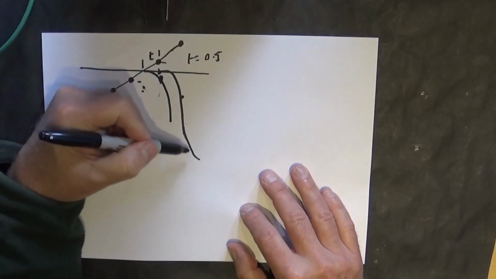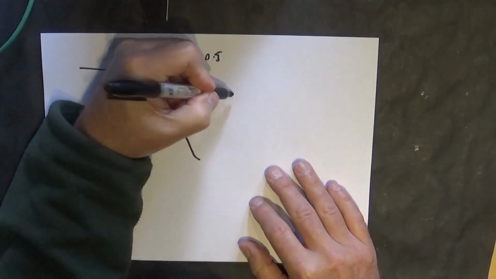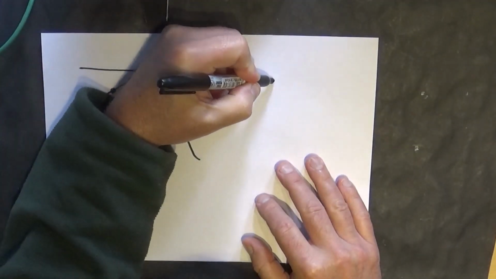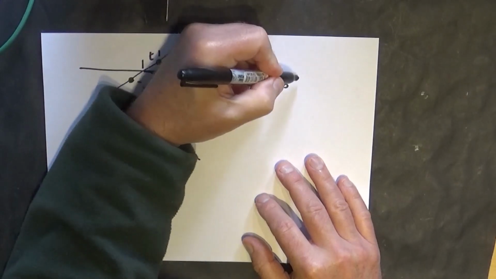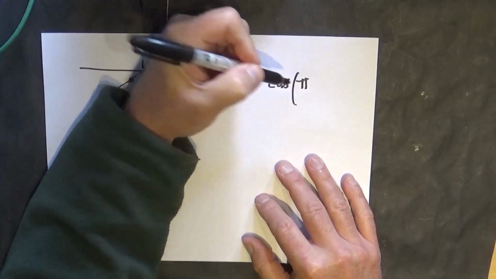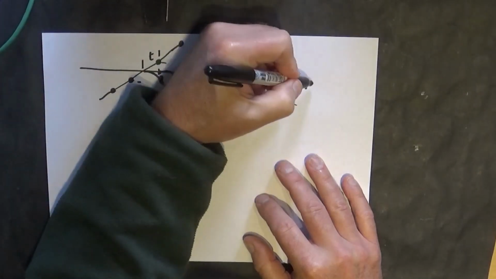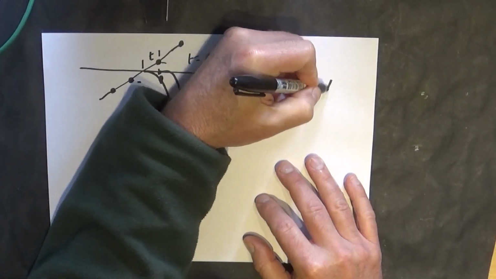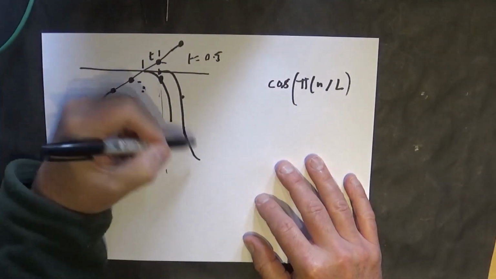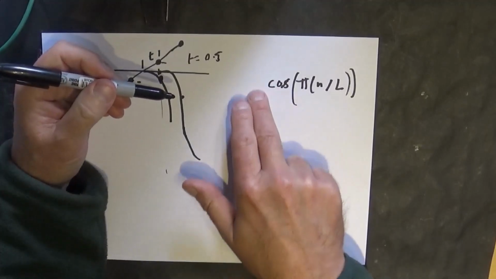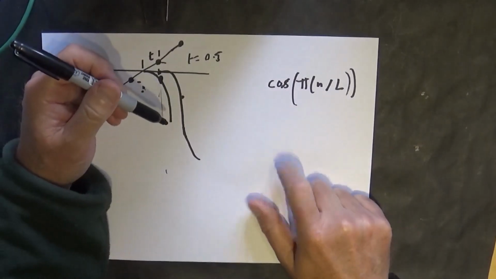Now the curve is half a cosine wave, so the curve is given by cos of pi times n over L, where n is a number and L is the number of samples that our cosine is. And then we scale the half cycle of a cosine out. But anyway, we don't need to worry about that for now.